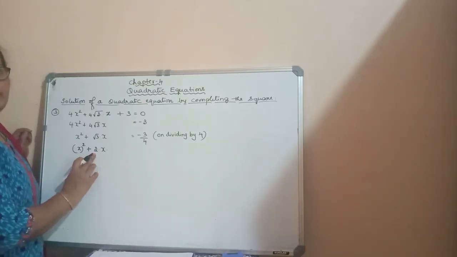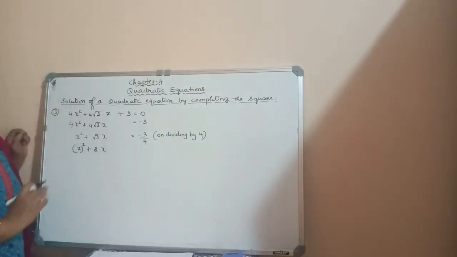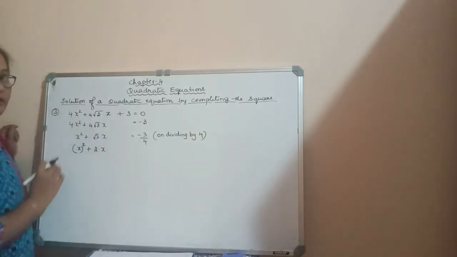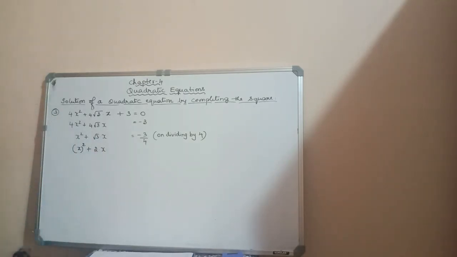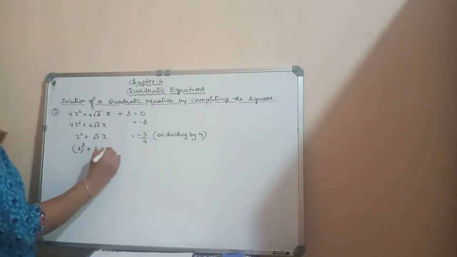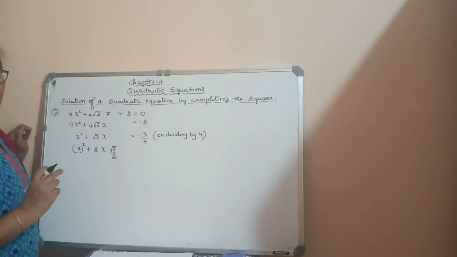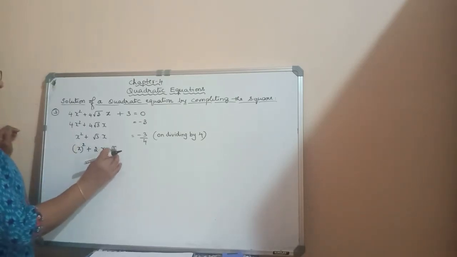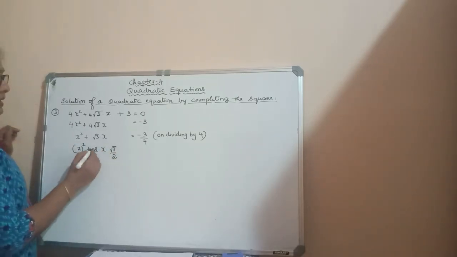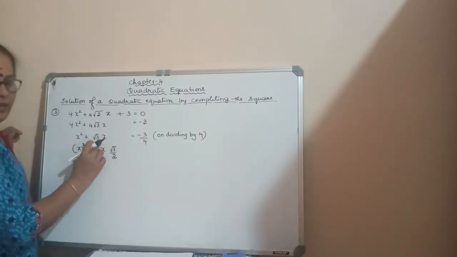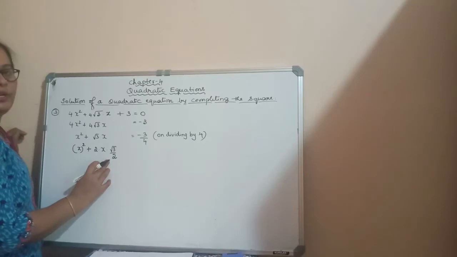In (a plus b) whole square, in that 2ab, 2 is a constant, a is x. Then what is b here? b is root 3 by 2, because if you take b as root 3 by 2, the 2 cancels and you will get root 3 x itself, right? So b is root 3 by 2.